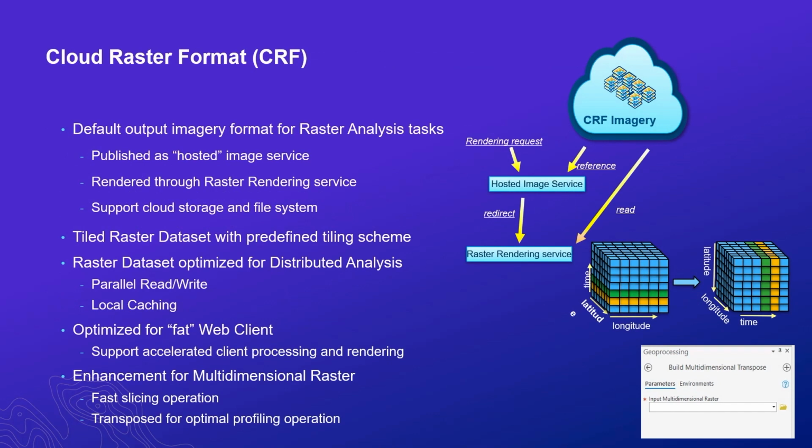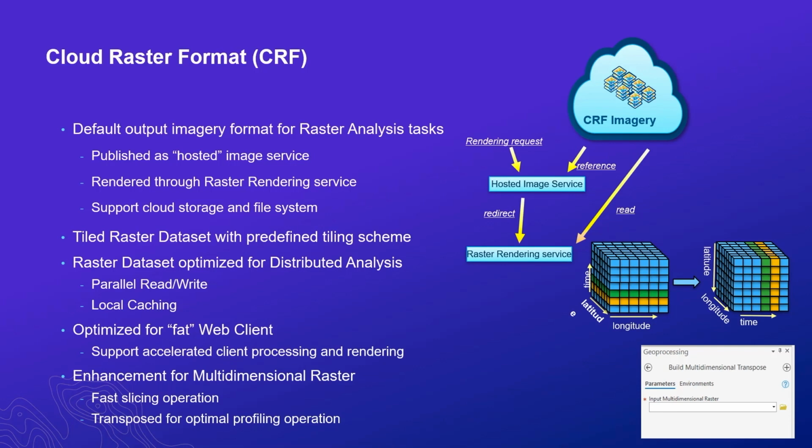Otherwise, people cannot see it. You cannot use it later. How do you persist it? You can save it as a service, but while you are saving your output as a service, it does two things. It first saves as a raster dataset using a format called cloud raster format, or CRF, and then publishes it as an image service.